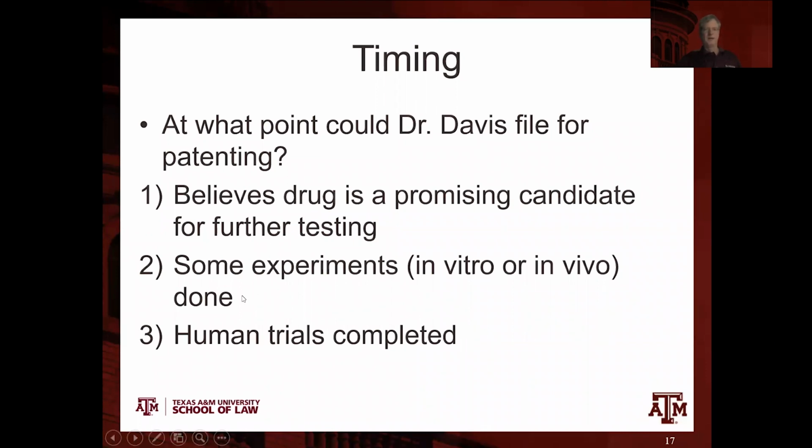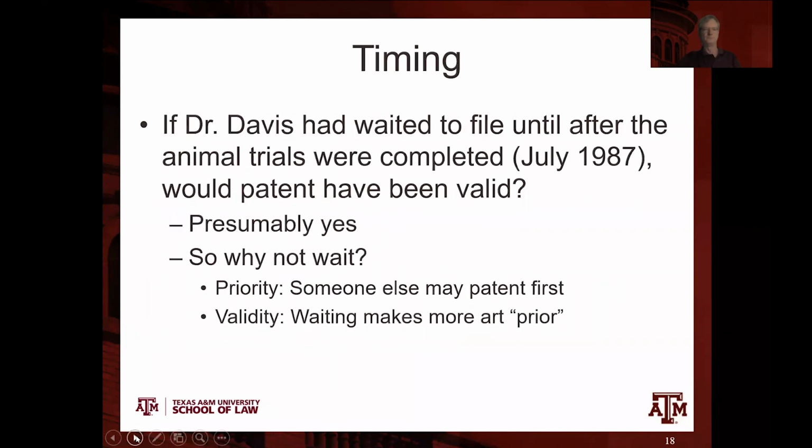But from a policy perspective, really the pharmaceutical companies may need the protection or assurance of the protection in sort of the first, when they believe the drug is a promising candidate for further testing, but that's not the outcome the court reaches here.